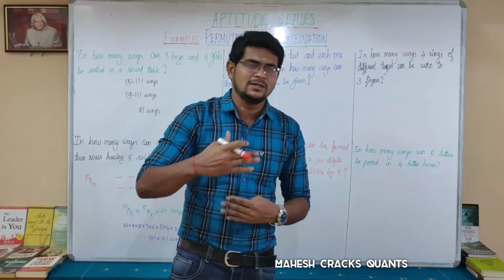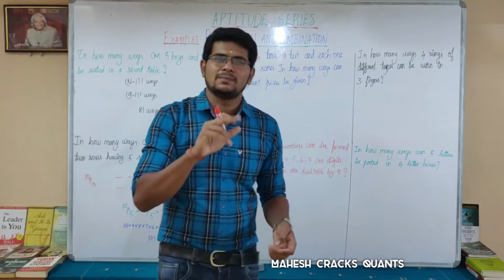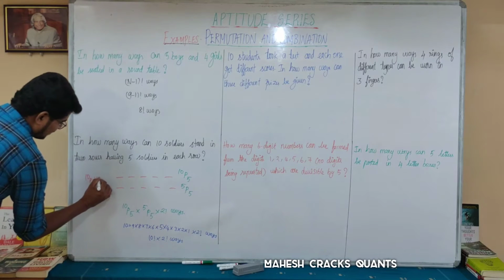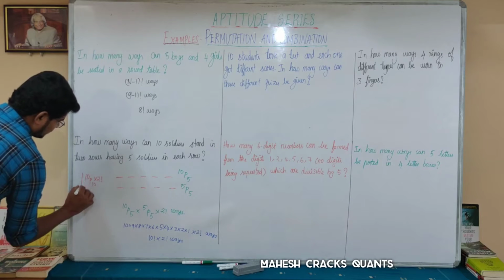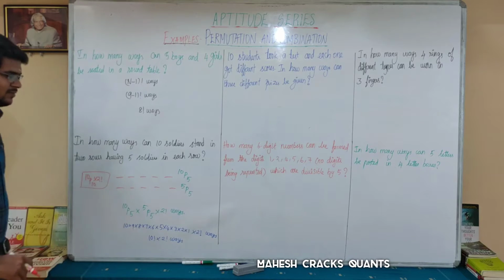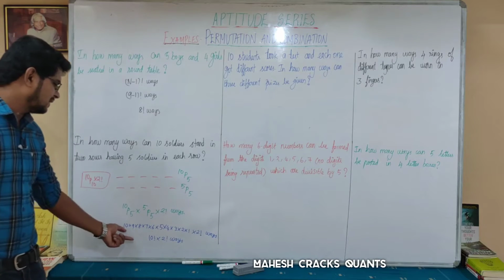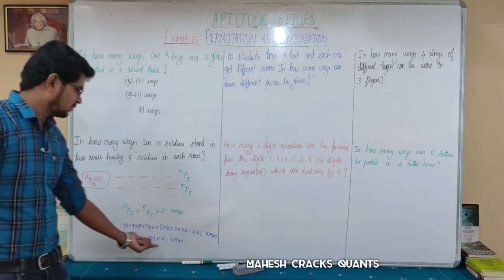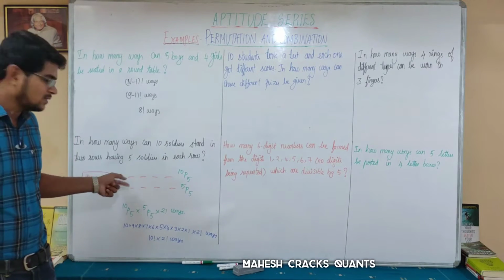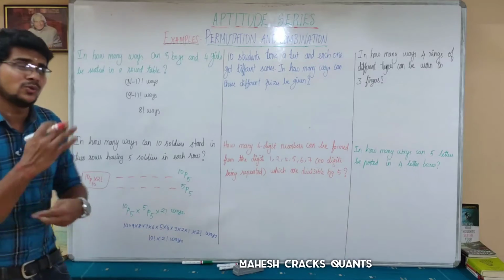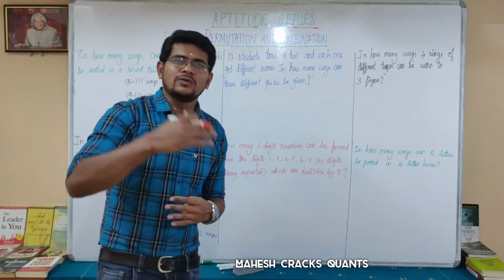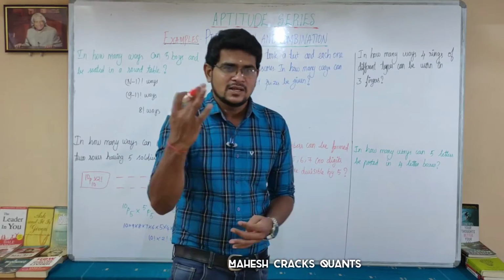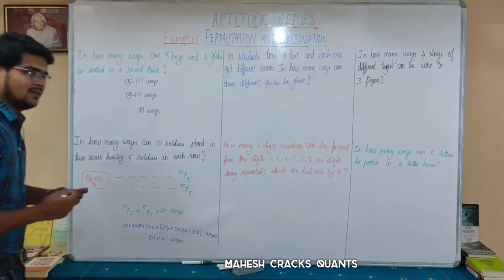There are 2 rows, that is why I will place 2 factorial. You will get the same answer: 10 factorial into 2 factorial. The 2 factorial is because I have 2 rows, and 2 rows can be arranged in 2 factorial ways. If there are 3 rows, how many ways can you arrange? 3 factorial ways. That's it.